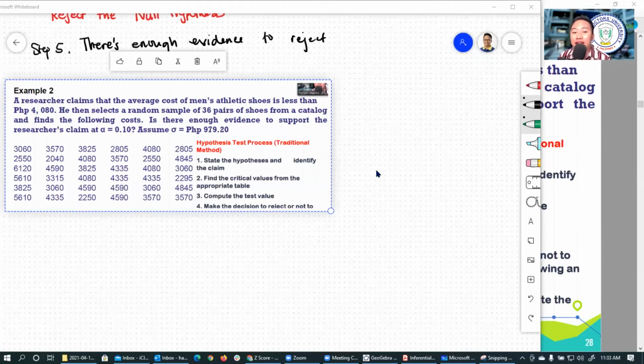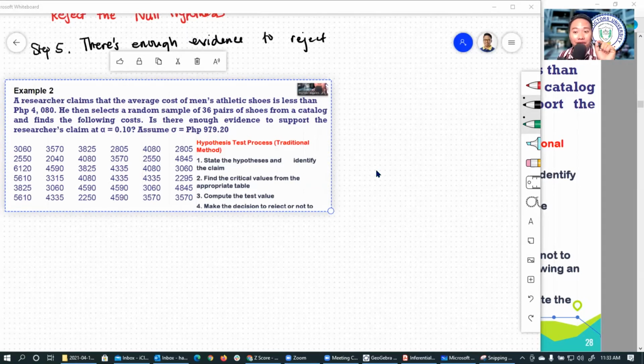Assume, what is that symbol, guys? There are problems where the standard deviation is not specifically mentioned as coming from the population or from the sample. Good answer, Angela. Is that coming from the population or the sample? I know it's standard deviation, sir. Yes, that's true. But is it coming from the population or the sample?